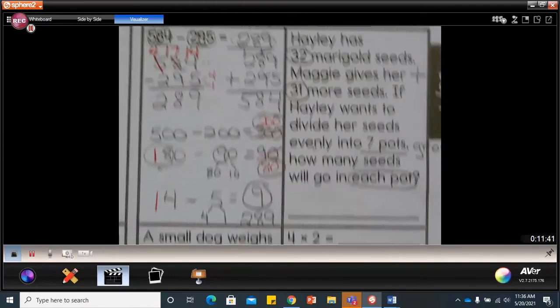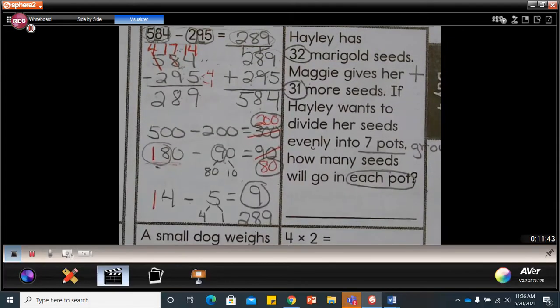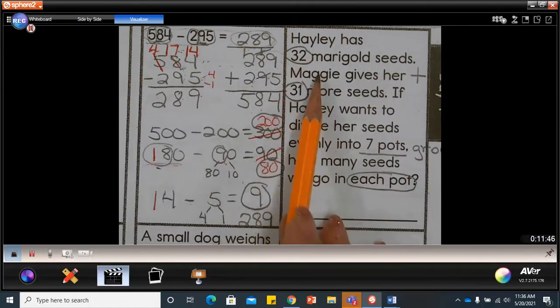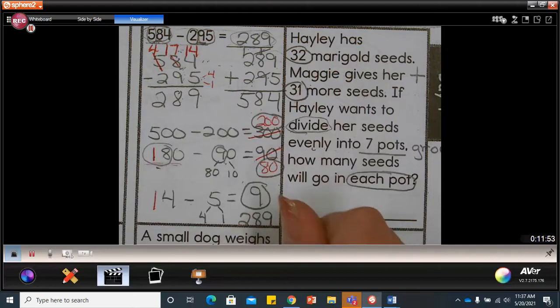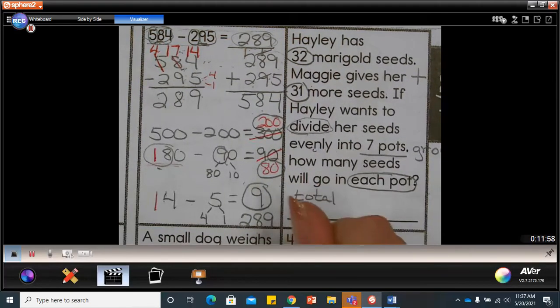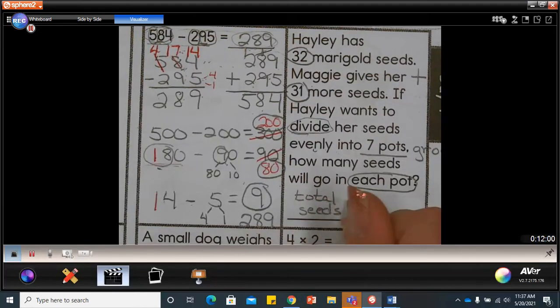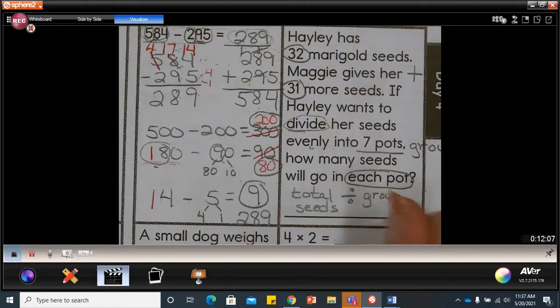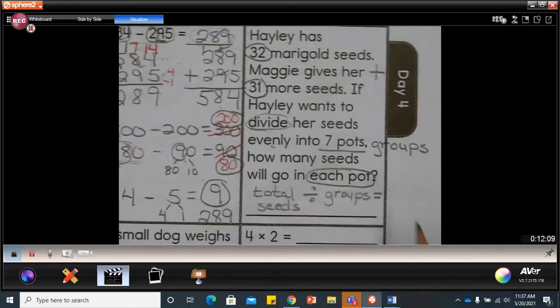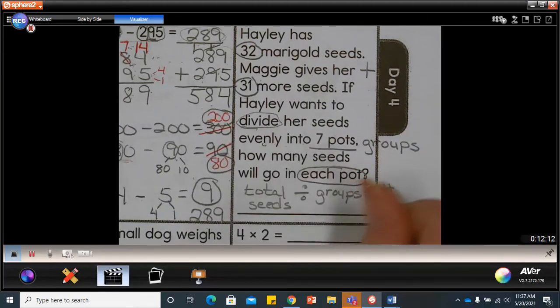So just as a reminder, what we're doing is we're putting the seeds together and then we're going to share them or divide them equally. And with division, remember, you have your total, in this case, total seeds. You're going to break them up or share them equally into groups. And we're going to look for the number of seeds in each group.